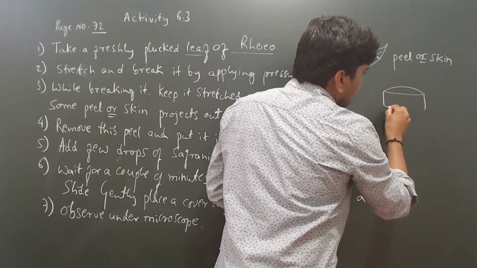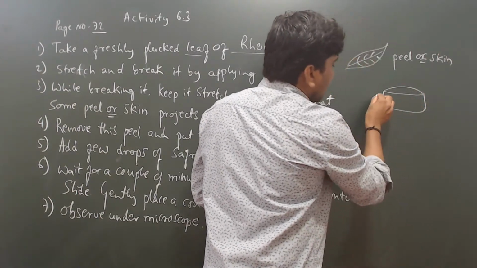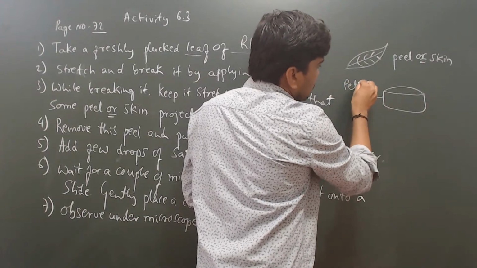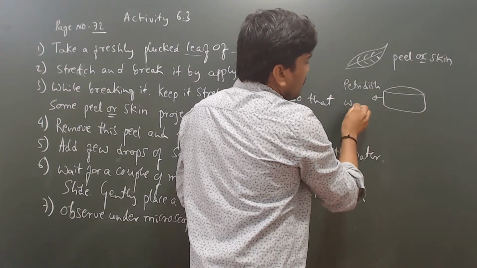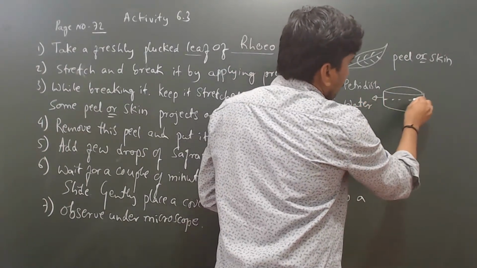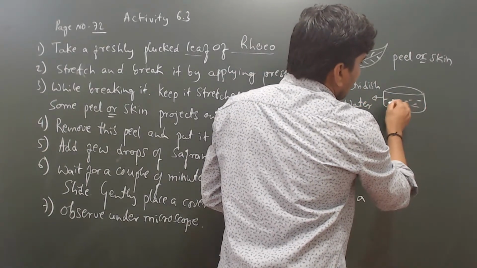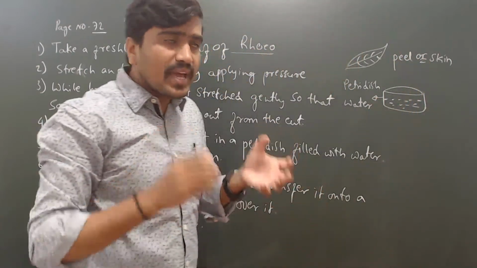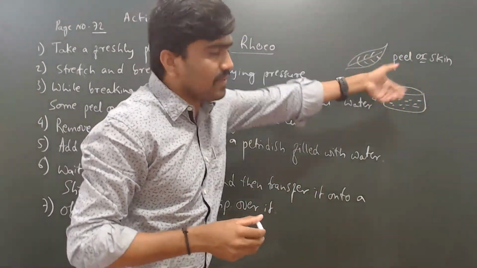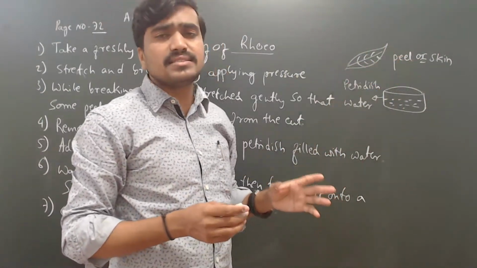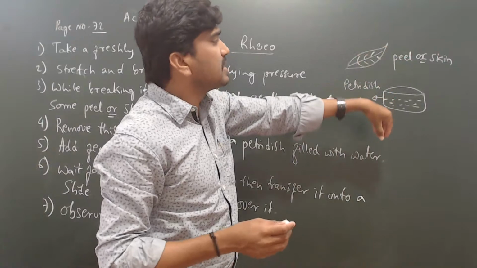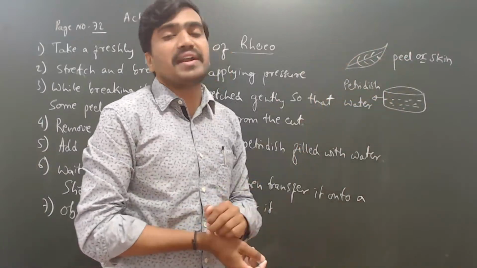It is a glass plate that we call a petri dish. This petri dish contains what? Water. In this petri dish, after breaking and stretching and removing the peel or skin, we are keeping that peel.